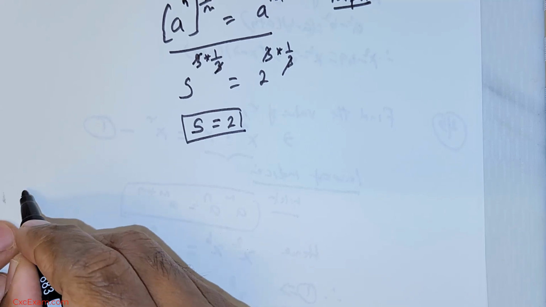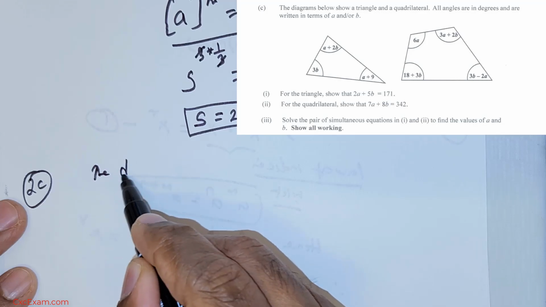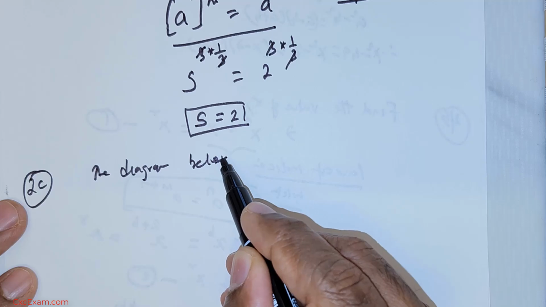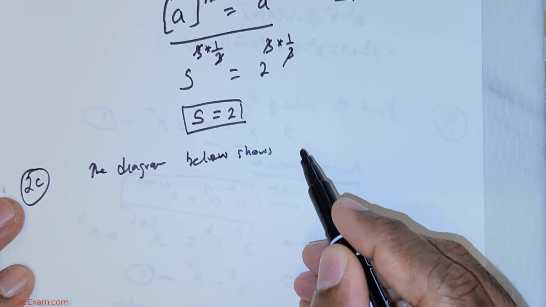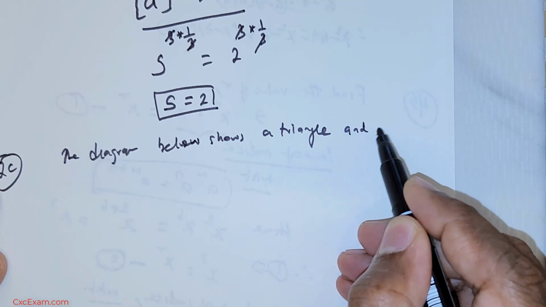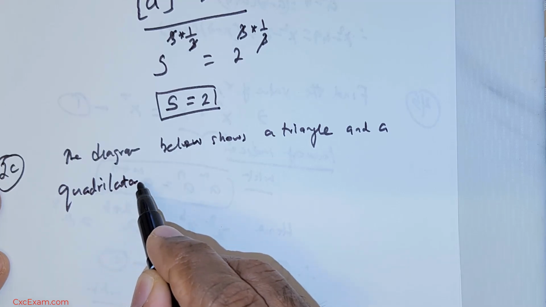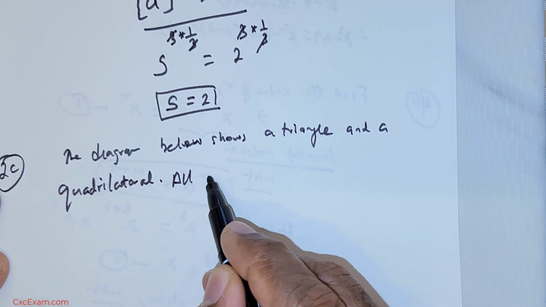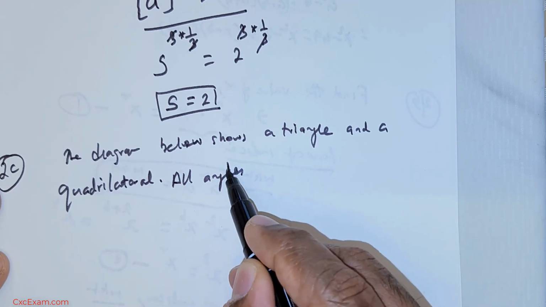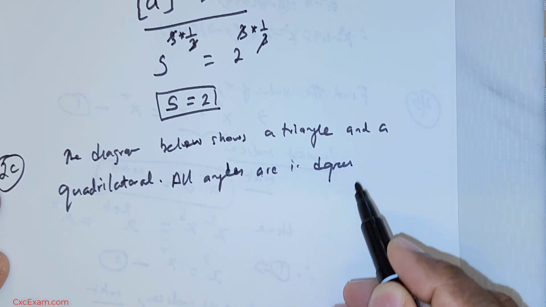Okay, let's move on to 2C. Now we are given this question. The diagram below shows a triangle and a quadrilateral. All angles are in degrees. That's important.